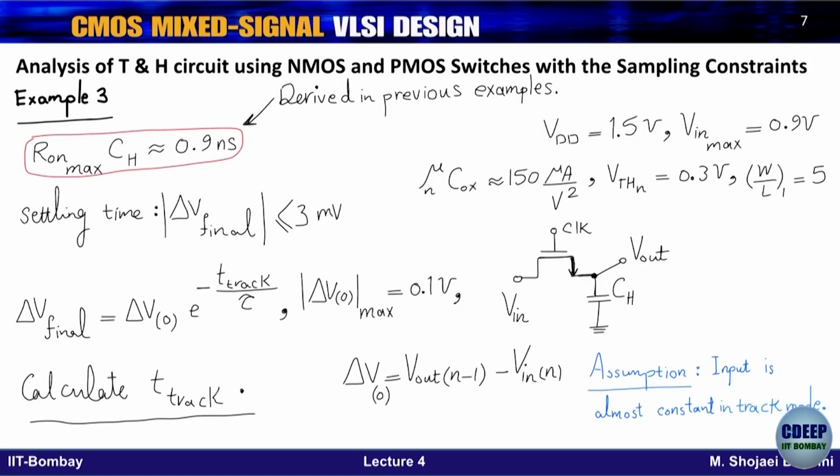So effectively, at the beginning we have the difference between the previous sample on the CH and the current input. And we want to reduce the absolute value of this difference to 3 millivolt, while we are also saying that the maximum difference at the beginning could be 100 millivolt. So we need to have these ideas about the signal and the permitted settling time error, and therefore you can calculate the track time. Okay. So this is the third example that you calculate.